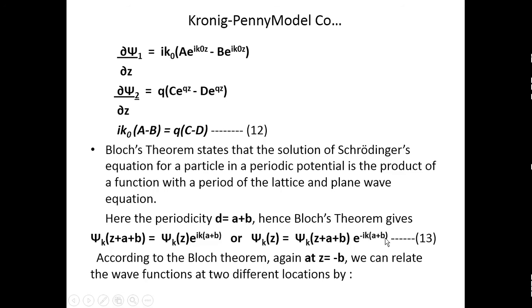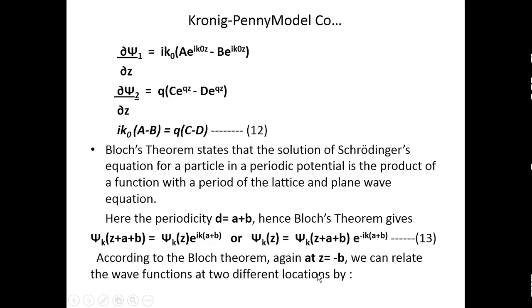So a plus b we have written directly here. So according to the theorem, if we apply z equal to minus b, we can relate the wave functions at two different locations, that is, z equal to minus b and z equal to a.